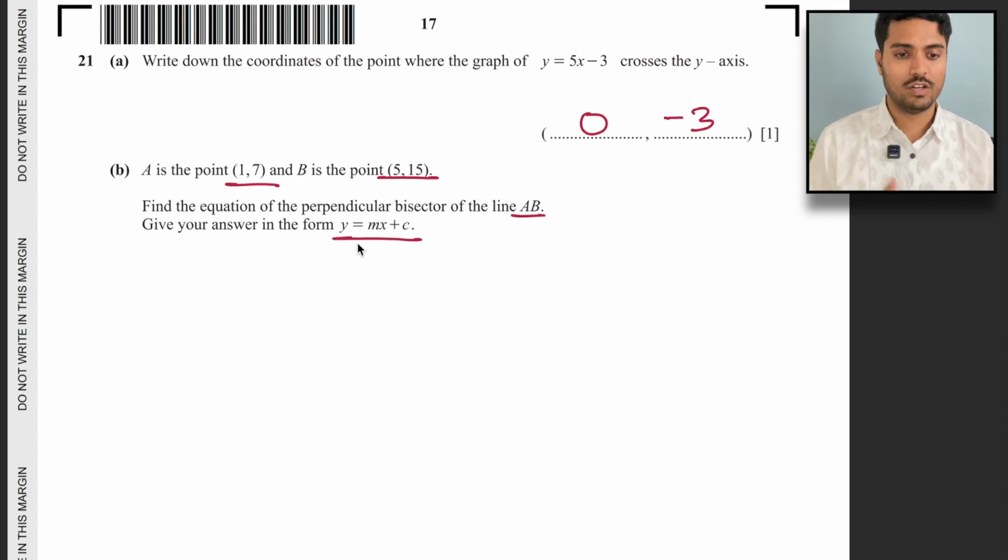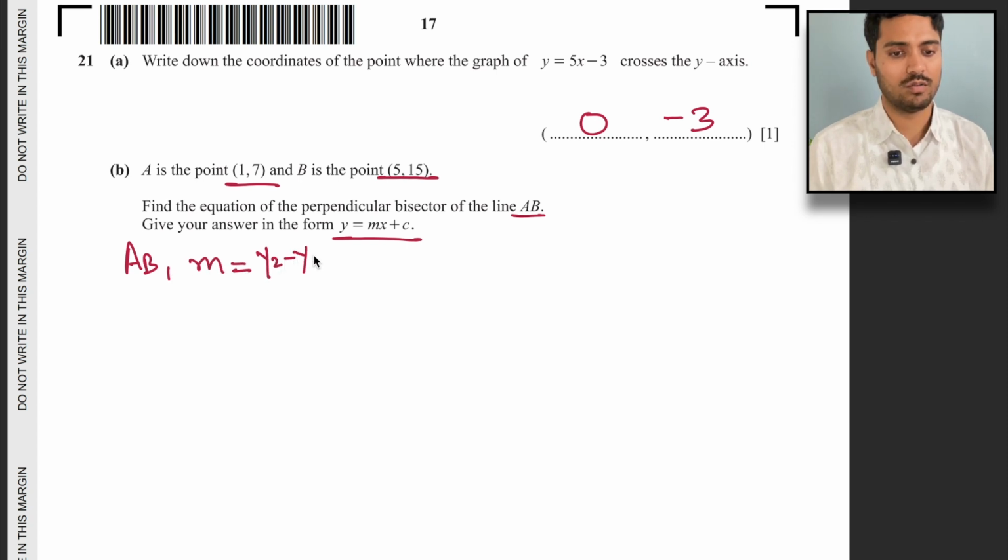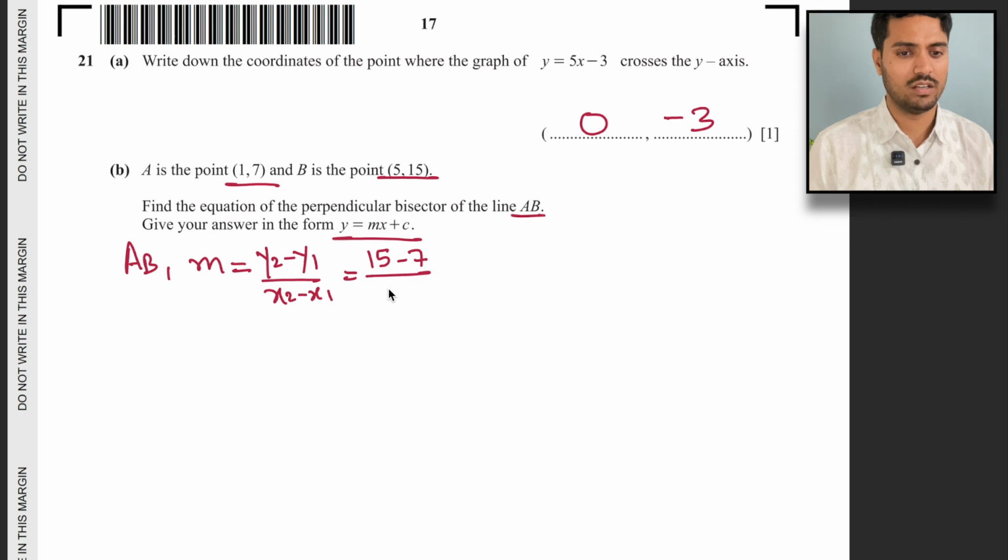So for this, first we have to find the gradient of line AB. Gradient of line AB is equal to y2 minus y1 upon x2 minus x1. That is going to be 15 minus 7 divided by 5 minus 1. So that is 8 by 4, which is equal to 2.